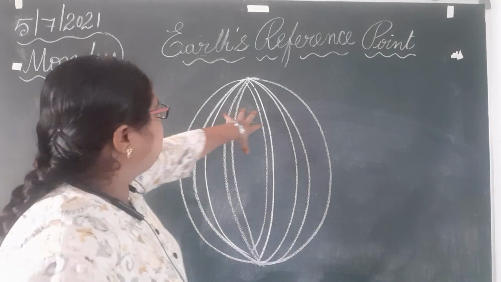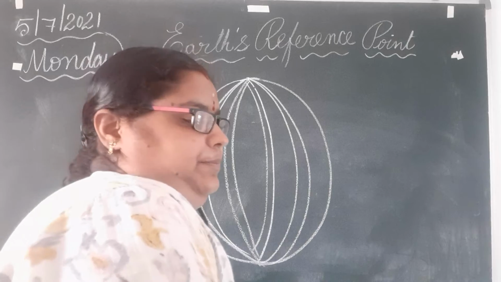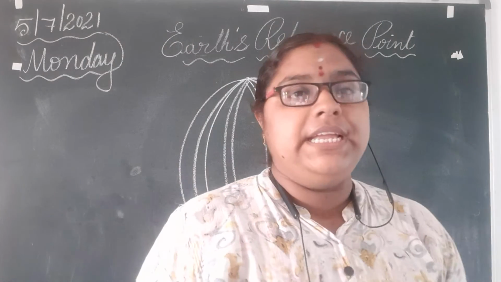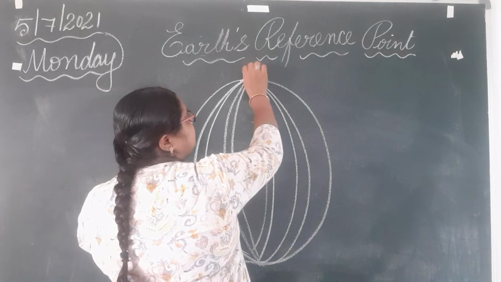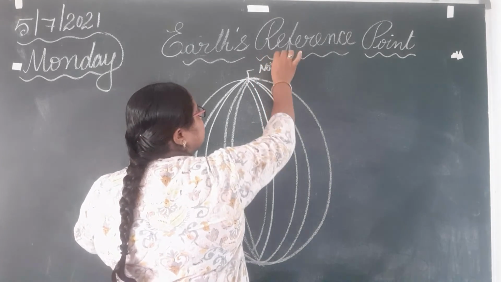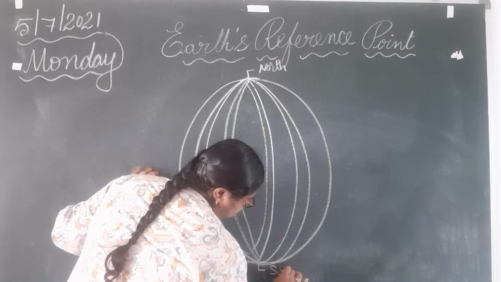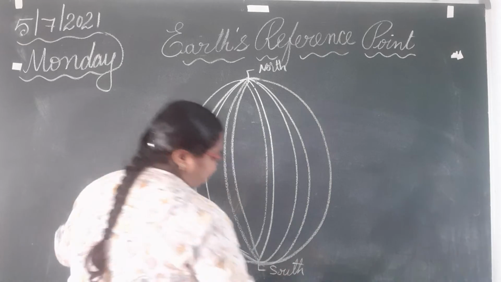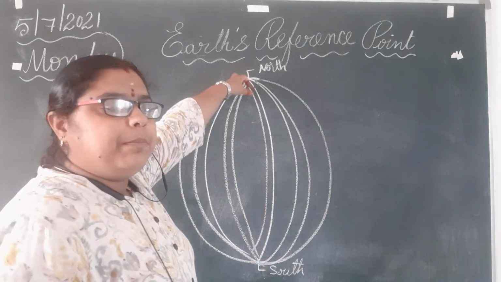The imaginary lines that are drawn on the earth. Longitudes meet at the poles. This is the North Pole and this is the South Pole.